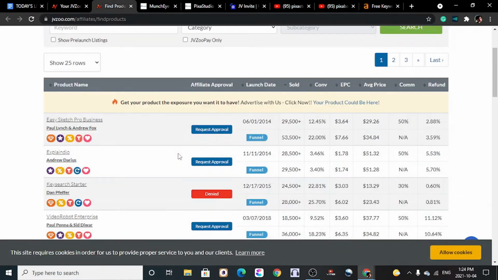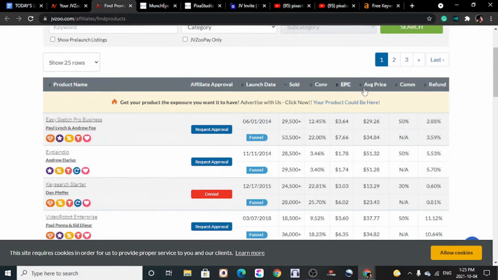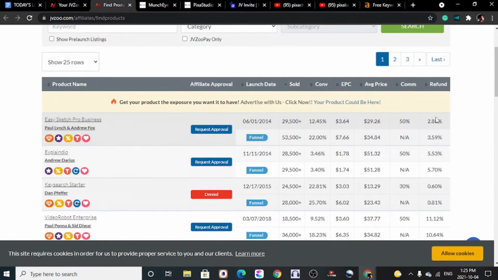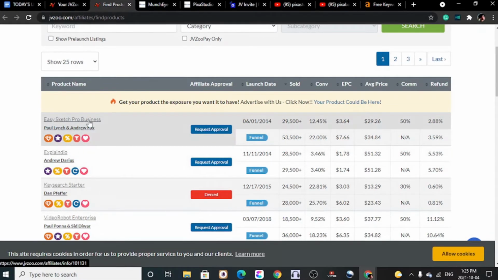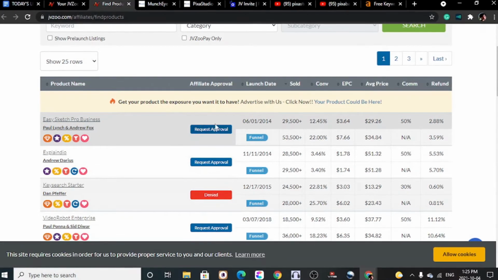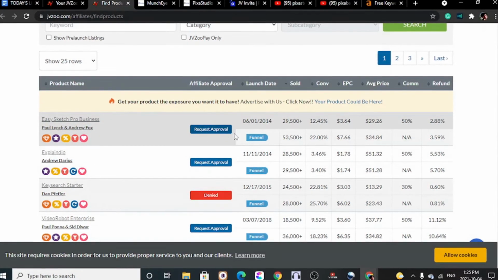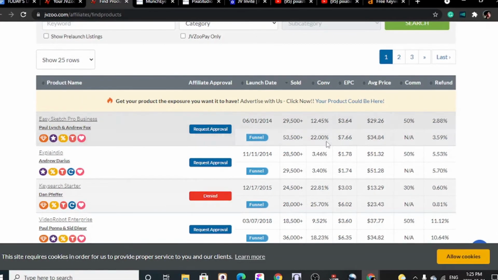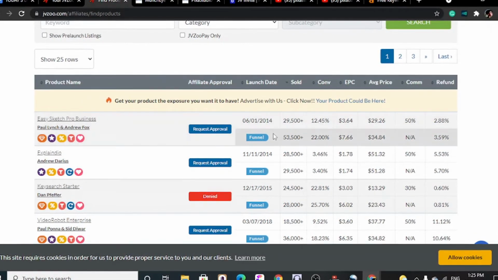You'd look for a product with a high conversion rate, a good earnings per click, and a low refund rate. So this Easy Sketch Pro is a good one, so you can go and request approval. But these products here that have very good metrics, I had to get approved for.